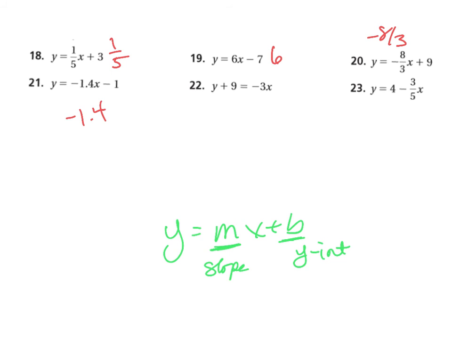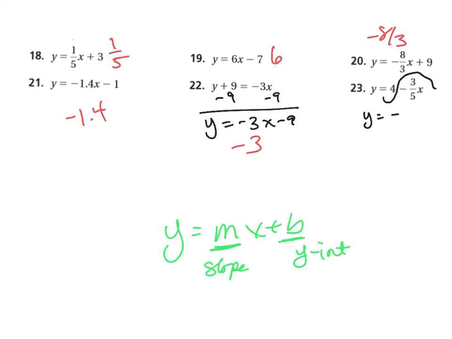This one, we're going to have to switch around a little bit before we do it. I'm going to subtract 9 from both sides. Y equals negative 3x minus 9. So our slope is -3. This number 23, we're going to have to switch around, but we already have y by itself. We just need to switch these two things around. The sign stays in front.